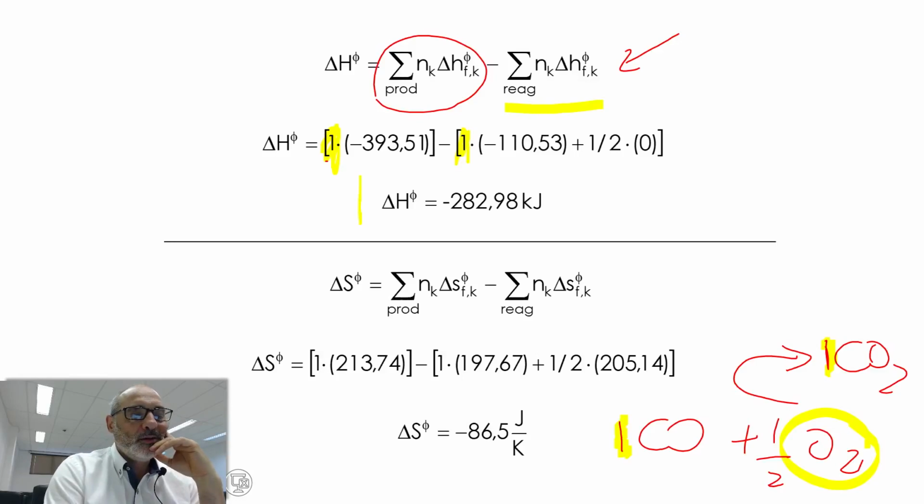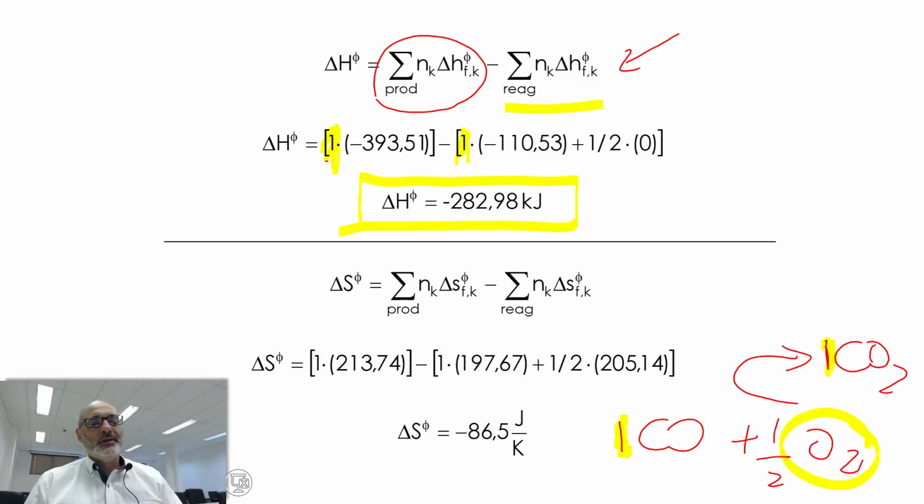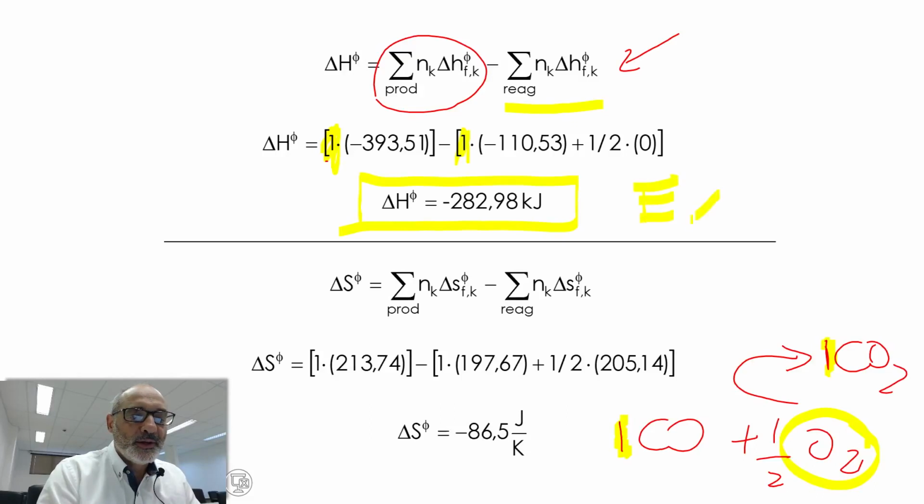Making all the calculations, we have this result here. Delta H equals minus 282.98. So the process is exothermic.